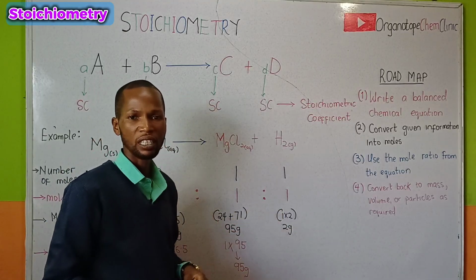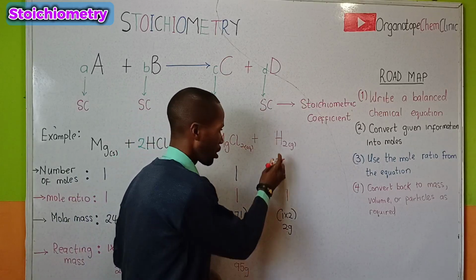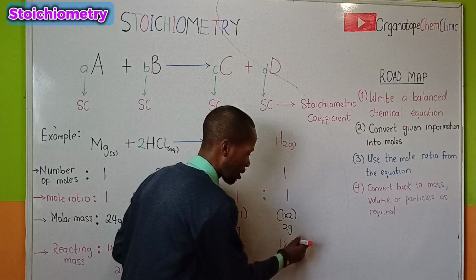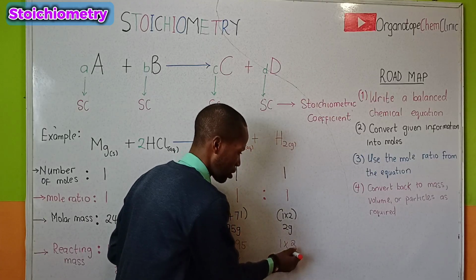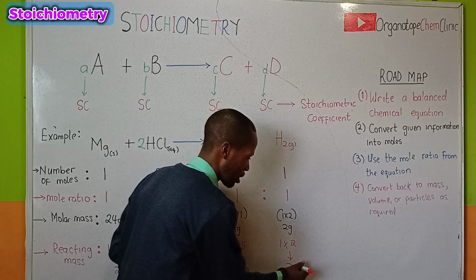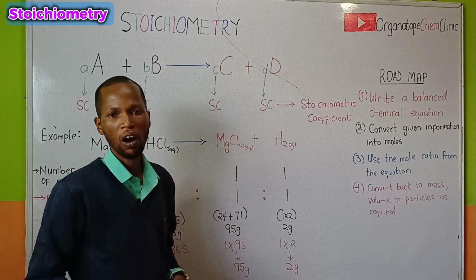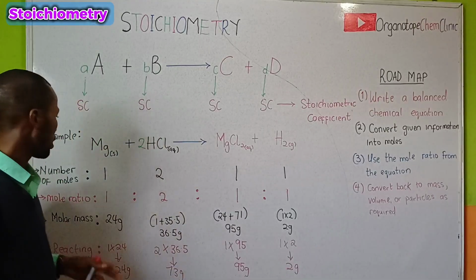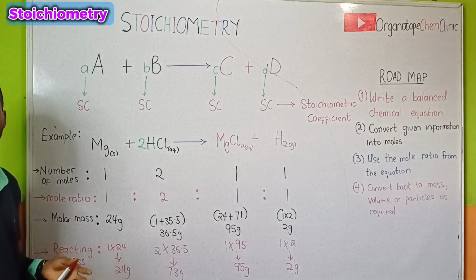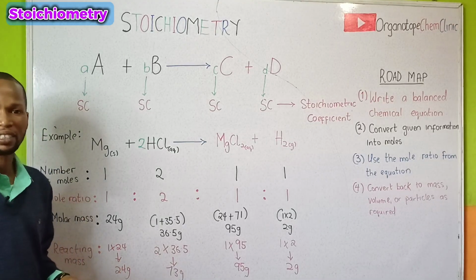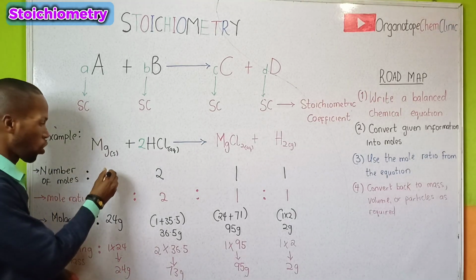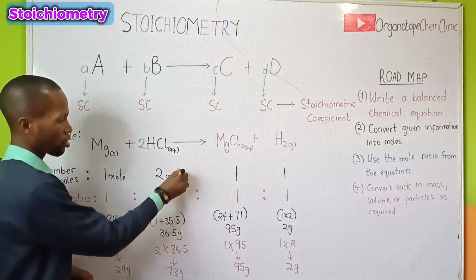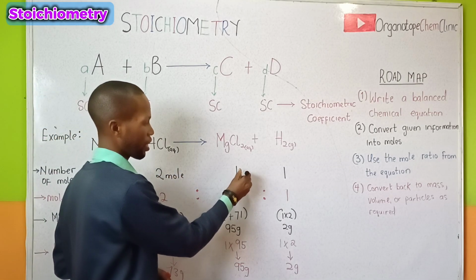Also, for the hydrogen molecule, the stoichiometric coefficient is 1 and the molar mass is 2. That means the reacting mass is 2 grams for hydrogen molecule. Make sense? Recall that the amount of substance is measured in mole. So I will introduce mole as the unit of this coefficient right here.